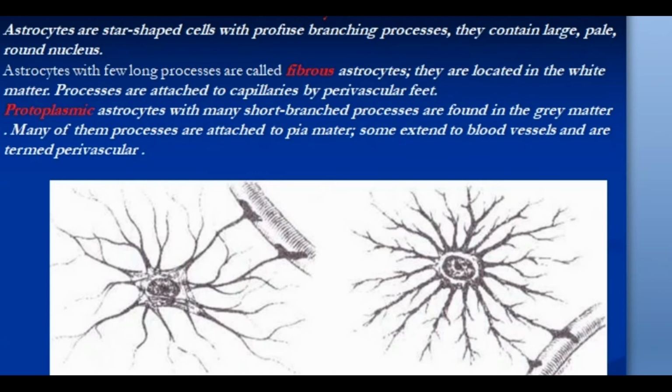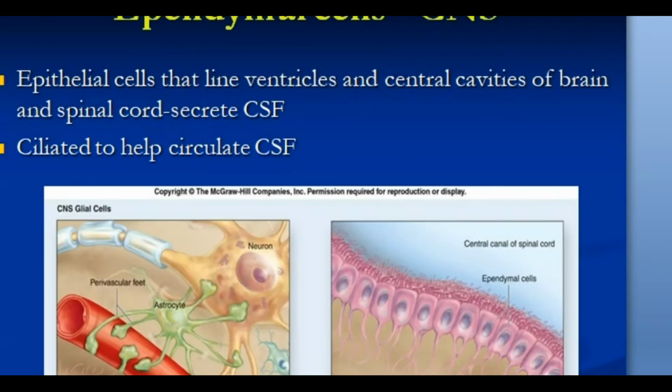Next type of macroglial cells, ependymal cells. Ependymal cells are low columnar ciliated epithelial cells that line the cavities of the central nervous system.